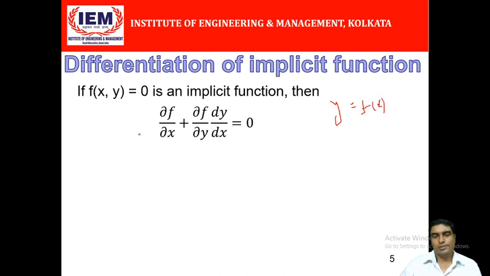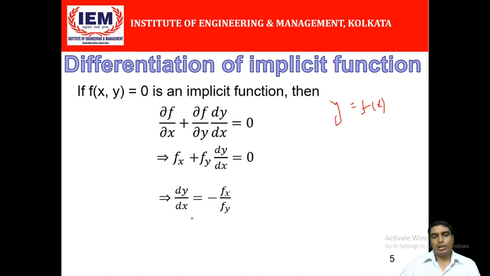Before that I represent this term as f suffix x, to represent the partial derivative of f with respect to x. Similarly, del f del y is the partial differentiation of f with respect to y. Now dy by dx equal to negative of fx by fy, right? So in this way I can find the differentiation of the implicit function.